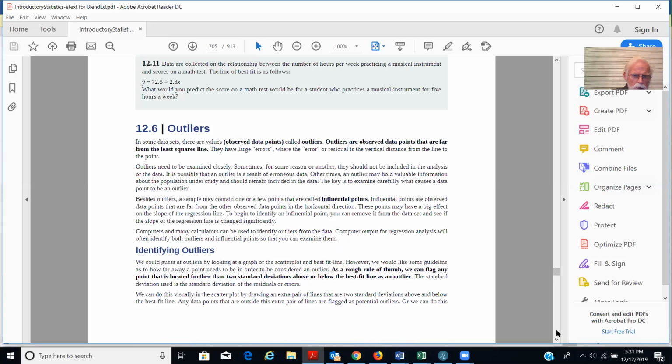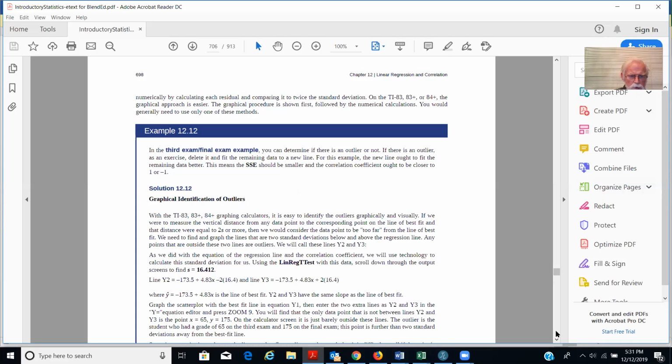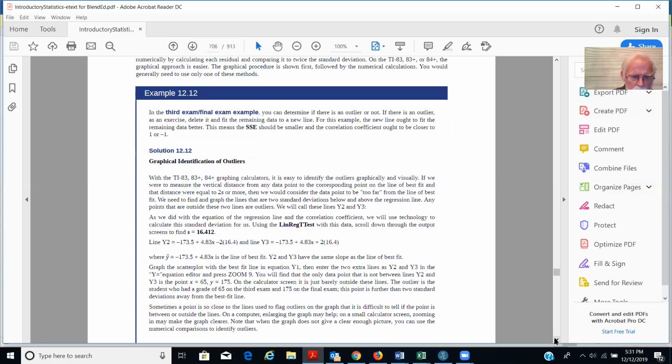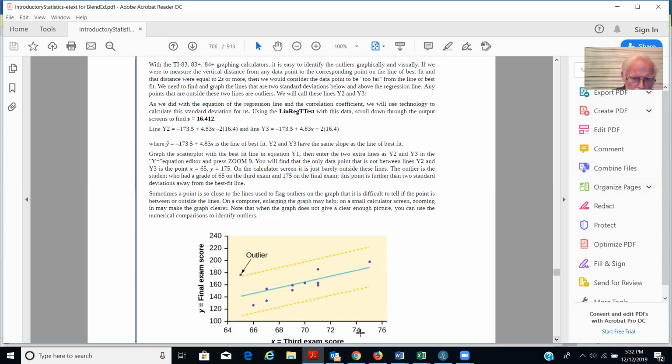Outliers are data points that are far away from the least squares line, and the least squares line is merely the line that we calculate for the correlation in looking at the data. Remember our first point in that plot of final exam score versus third exam score?